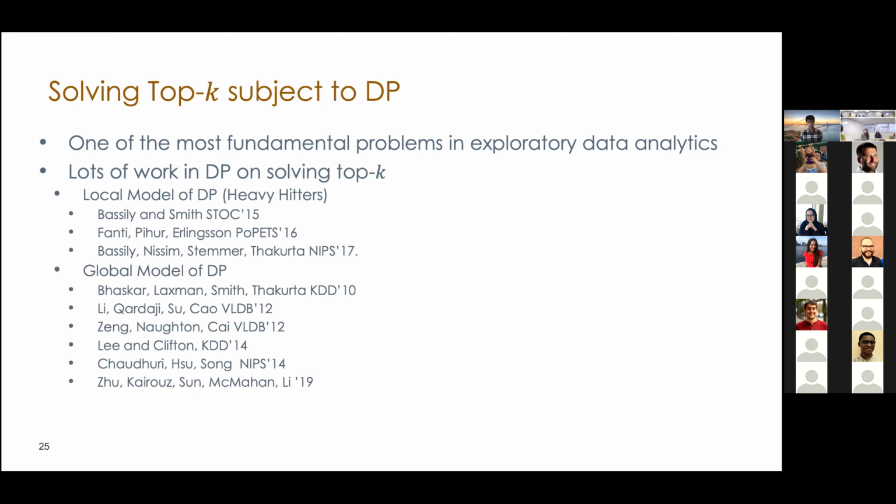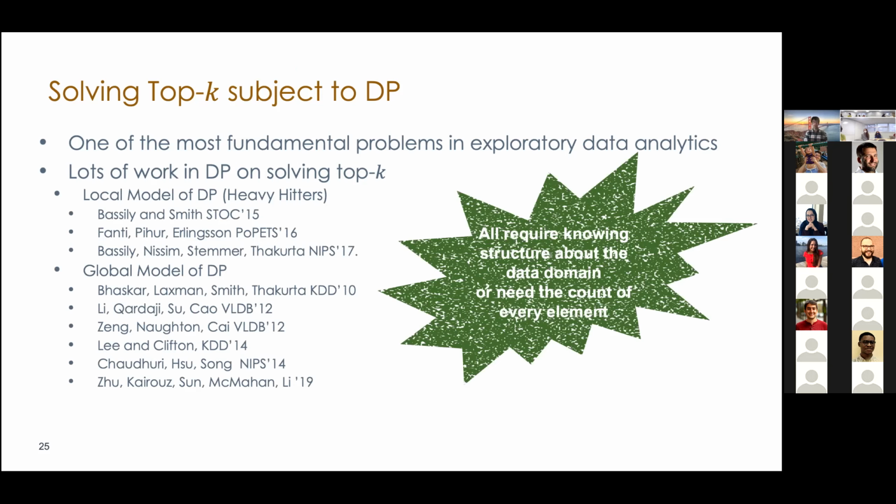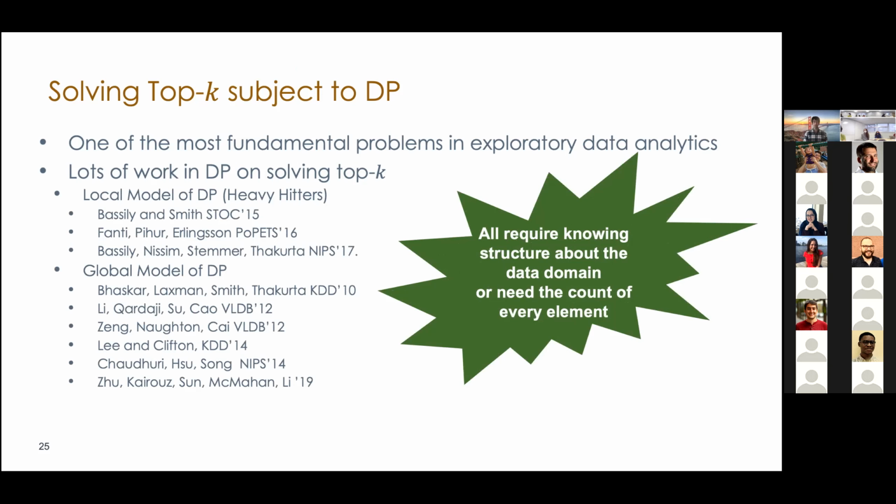And so naturally, there's been lots of work in solving top K. Several things in the local model, also referred to as the heavy hitters problem, lots of great work there. And also in the global model of differential privacy as well. But one thing to point out is that all this work requires either knowing some structure on the data domain, something like maybe I want to know the top words that contain at most 10 letters.